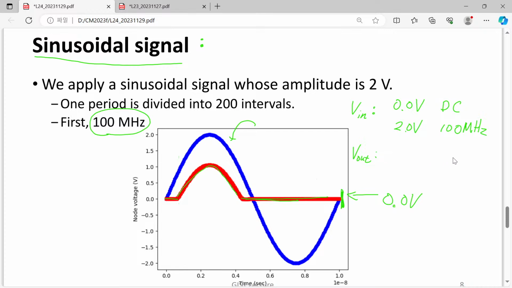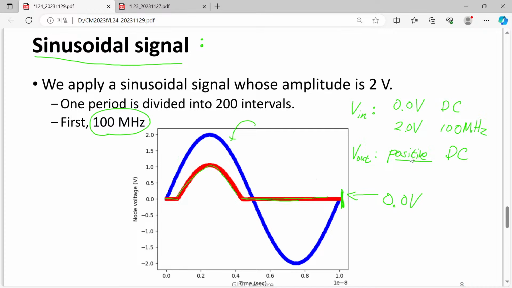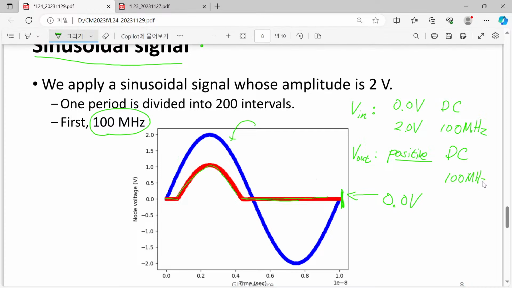So when we take the average over a single period, what we get is positive. We have no idea what it is exactly, but we can say that now we can generate a positive DC voltage.